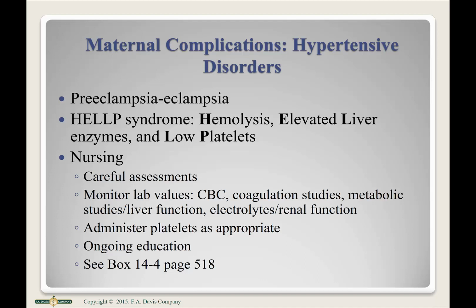If they're having right epigastric pain, then that is probably pain referred from the liver, so we know we're having problems there. Restlessness are all indications of the worsening of preeclampsia, which could mean that we're progressing to eclampsia, which means that we could be at risk for having a seizure.